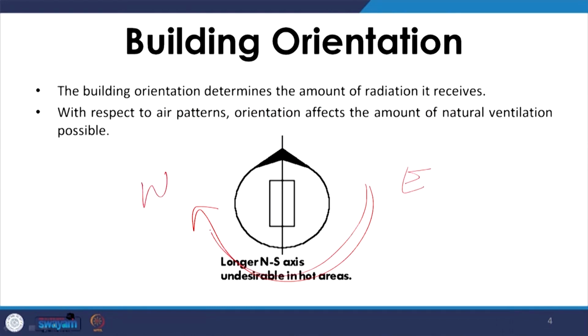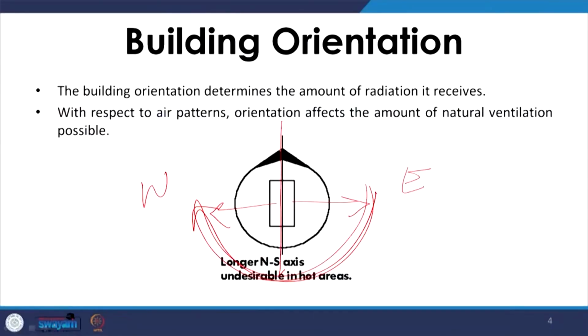Predominantly this is how the sun path is going to be. So, an orientation where the north-south axis is larger, which has more exposure towards east and west, is not preferable for hot climates, and a large part of our country has a warm, hot or tropical climate. So, this orientation is not preferred.